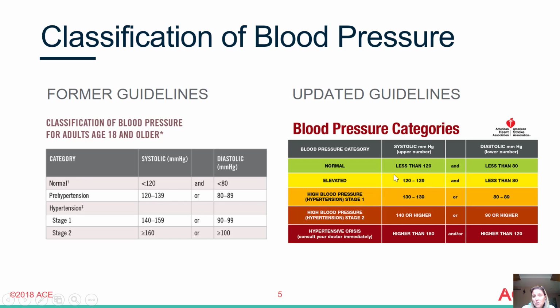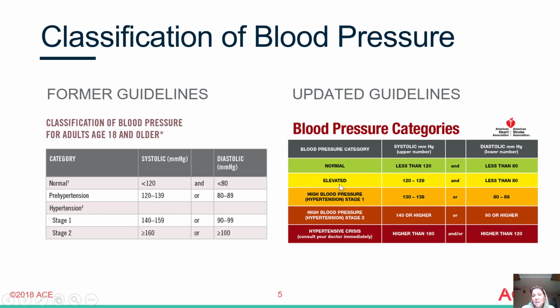Elevated blood pressure is a systolic blood pressure of 120 to 129 and a diastolic of less than 80. Before, if your systolic was in the 120s and your diastolic was in the 80s, say 124 over 84, that was good. Well, with these new guidelines, that would not be considered good anymore.